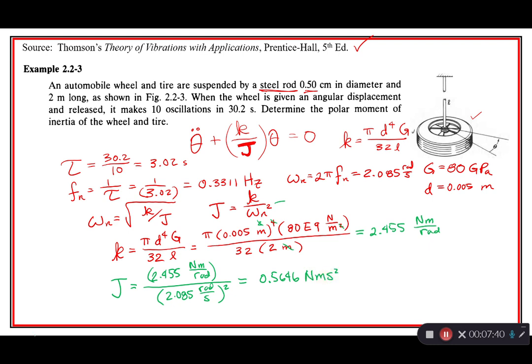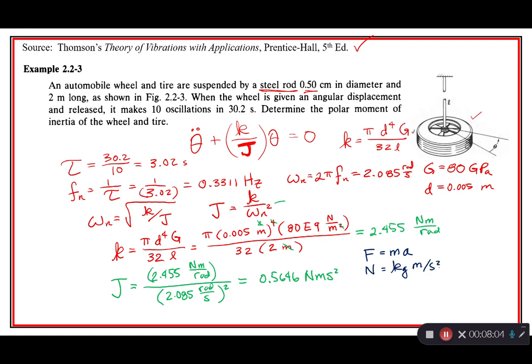And we're like, well, what is that? We know what we want: kilogram meters squared. Anytime you're doing a units conversion, it's a good idea to think in terms of F equals ma, by which I mean a newton is equal to a kilogram meter per second squared.